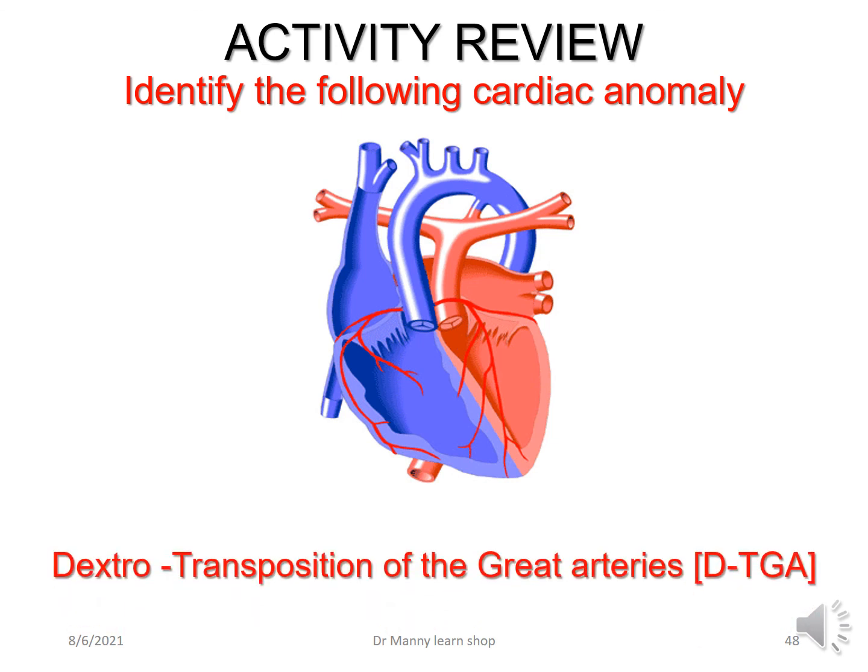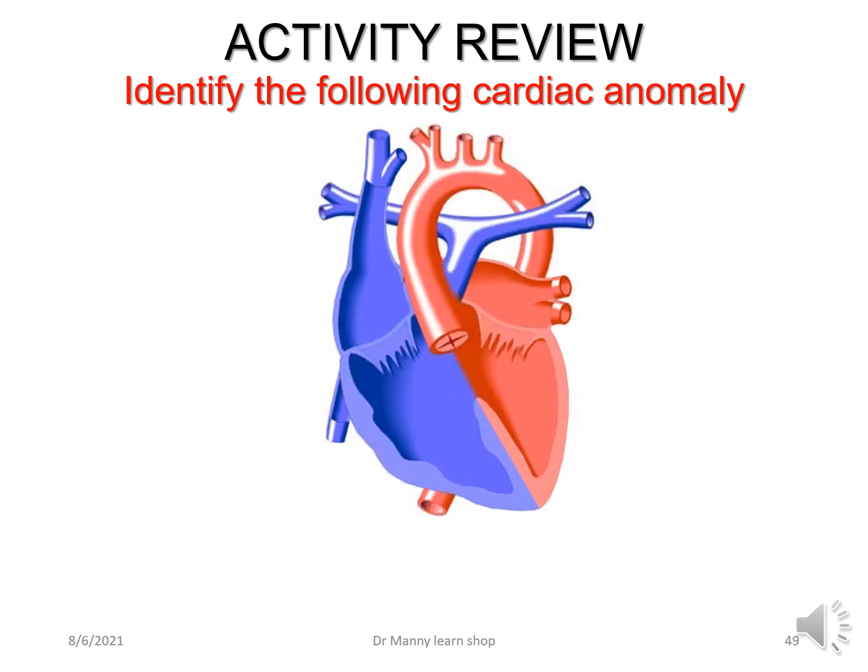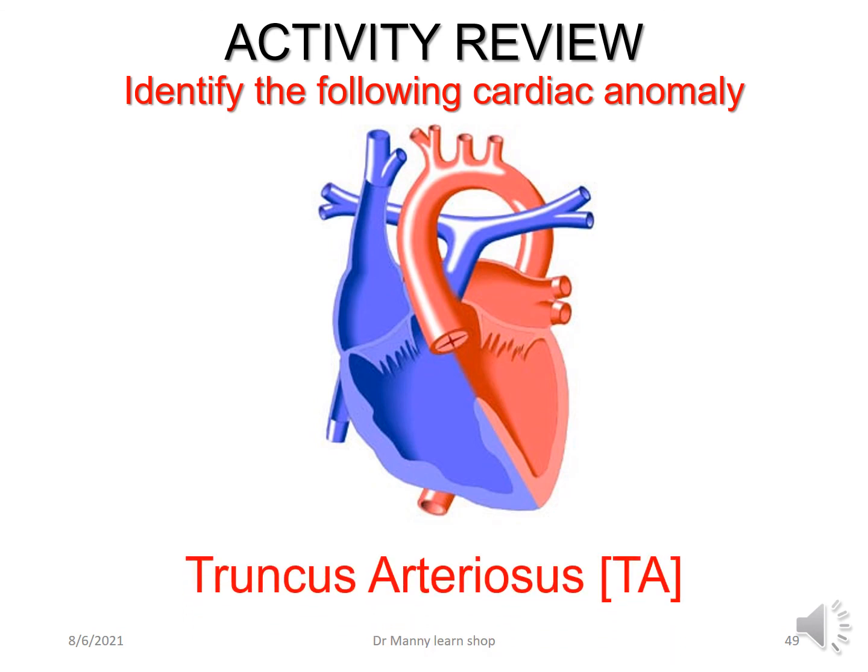This is Dextro-Transposition of the great arteries, D-TGA. How about this one? This is Truncus arteriosus, and I haven't gone into the specific types. You can review that. This is Truncus arteriosus.